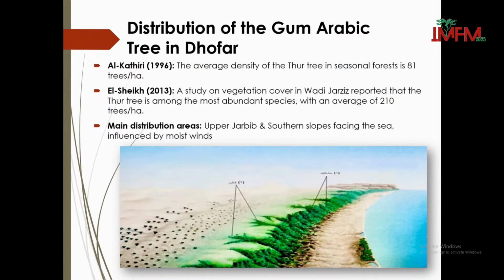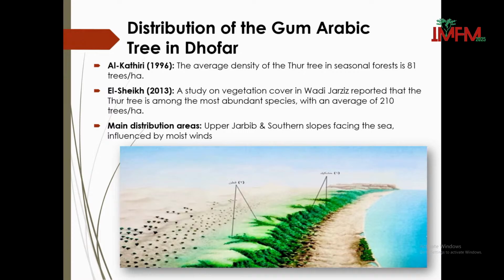Now we will move to the distribution of this tree in Dhofar. We can see it on the mountains, along the Dhofar mountains, especially on the upper part of Garbeb, which is the plain, and also on the slopes edge that face the wind that comes from the sea.